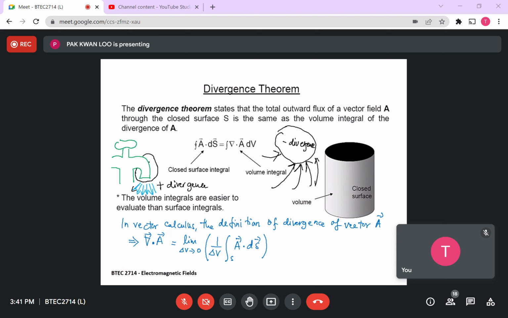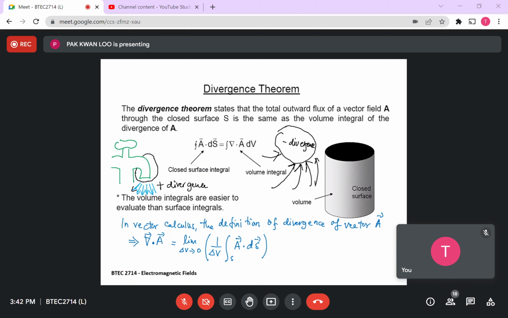Now, let's say this volume here, this cloth, which is the closed surface, shrinks towards zero, tends to zero. When the surface wraps around the tap, it contains some kind of volume, right?